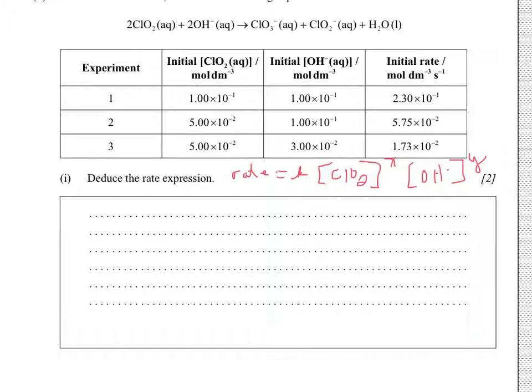So if we look at trial 1 and the change going to 2, we see that this concentration is multiplied by 0.5. So you multiply this times 2.